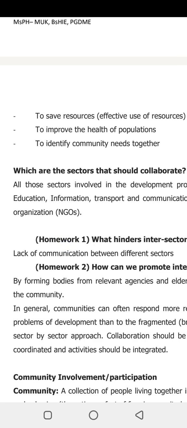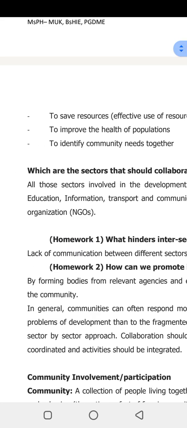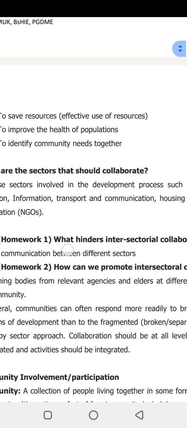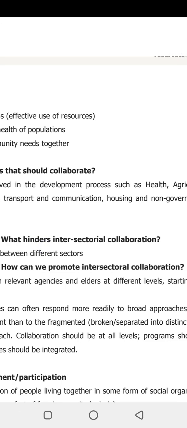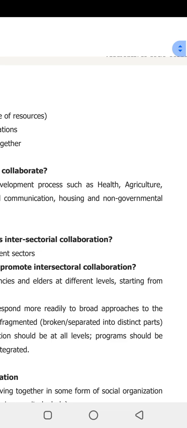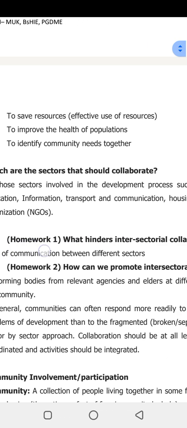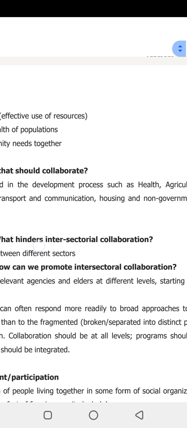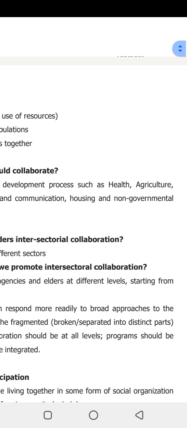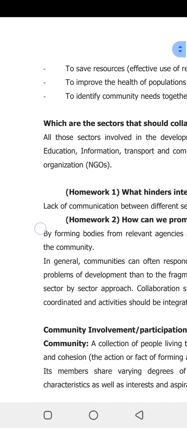Which are the sectors that should collaborate? Here we are saying all the sectors involved in the development process, such as health, agriculture, education, information, transport and communication, housing, and non-governmental organizations.